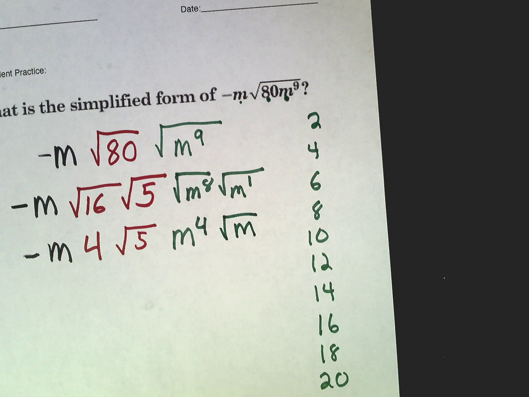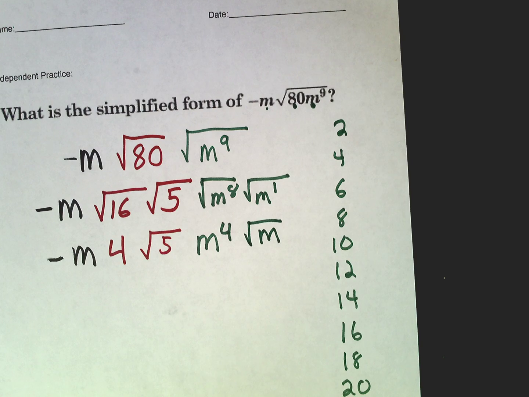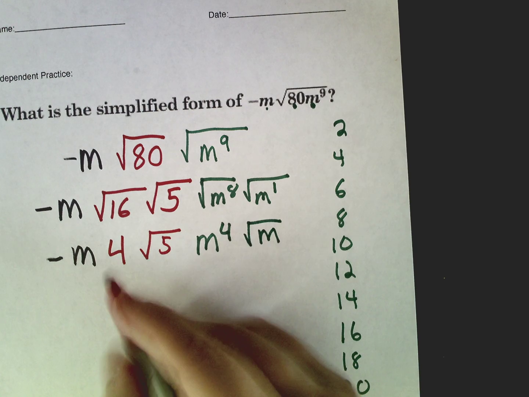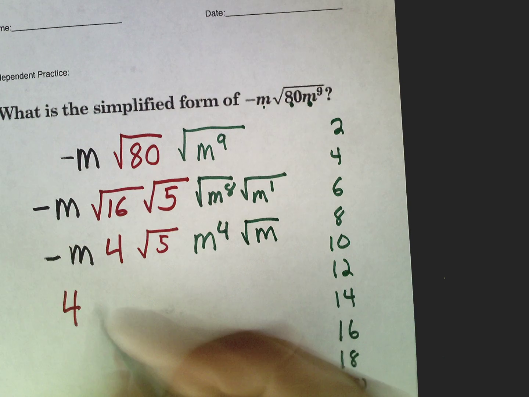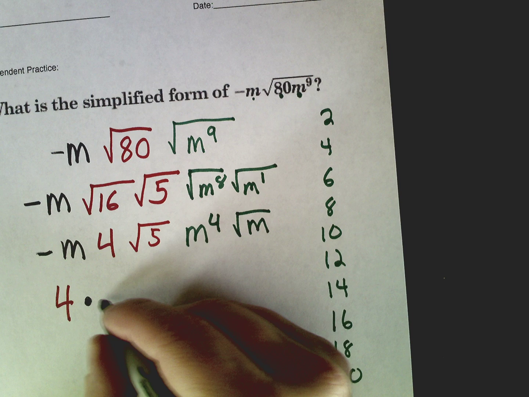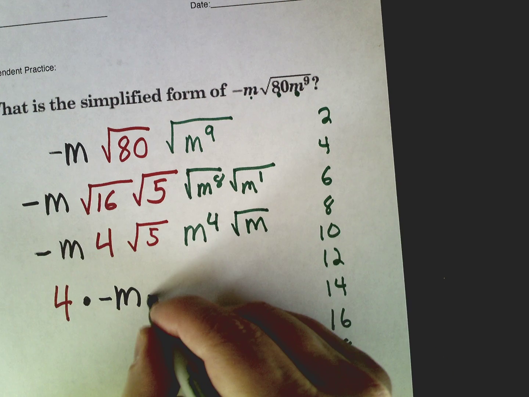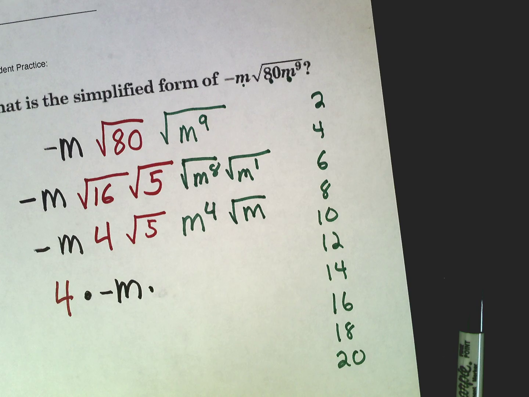Now I'm going to mix and match everything. I'm going to put everything together. I'm going to multiply them. I'm going to take my 4, and I'm going to multiply it by my negative m times my m to the 4th.